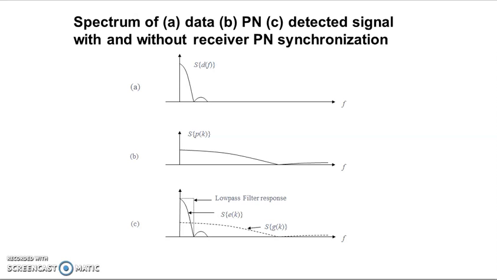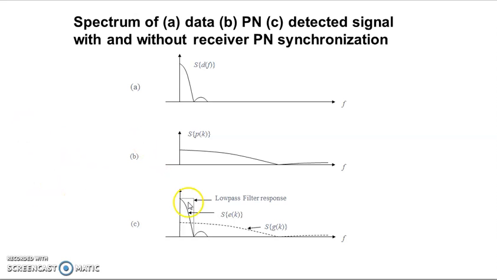Now in this particular case, we have the spectrum generated from the PN sequence. It is modulated, and the correlation at the receiver produces the output at the data rate there. So we have the spectrum as a function of frequency, and that modulated signal.